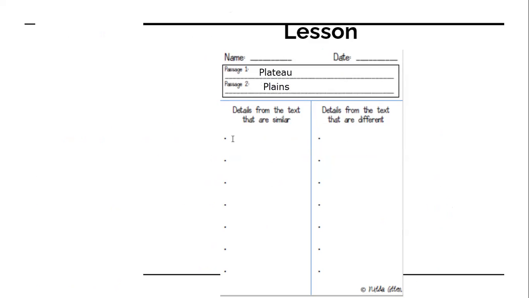So we talked about one detail from the text that is similar is that they are flat areas of land. Another similarity, we said that they were formed by cooling of magma and lava.